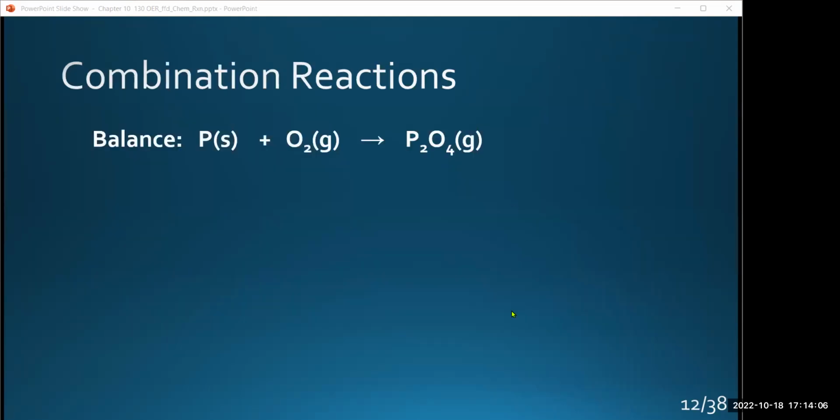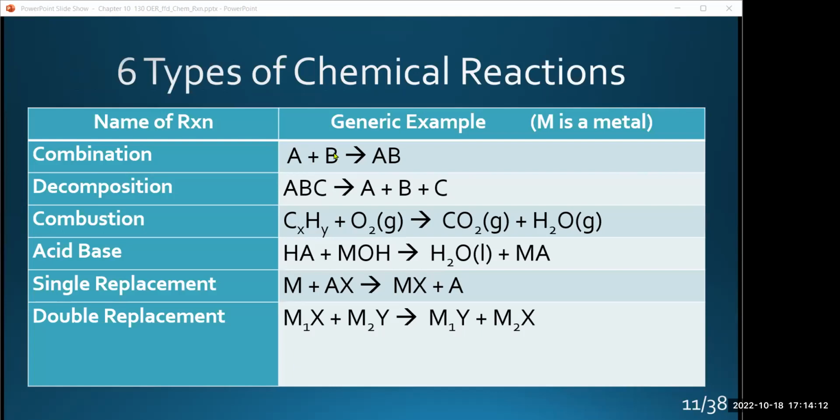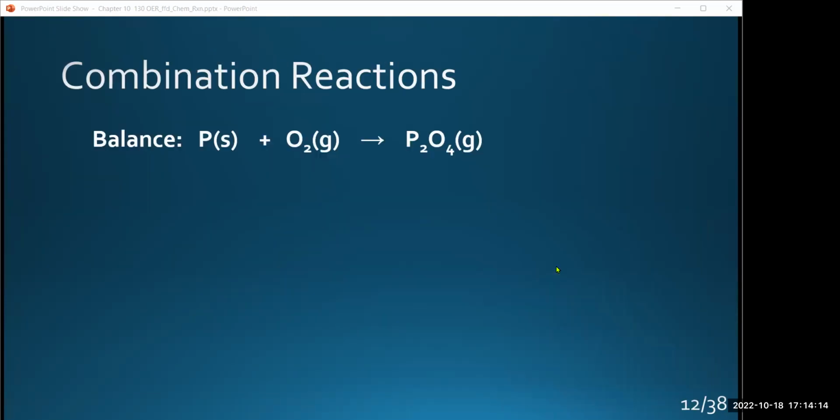All right, so some typical examples of combination reactions. You can see here that analogous to the A plus B to give you AB, we have phosphorus, okay? And we have oxygen to give us diphosphorus tetroxide, okay? We need to balance them. Well, we can put two oxygens here that balance off our oxygens there on the product side.